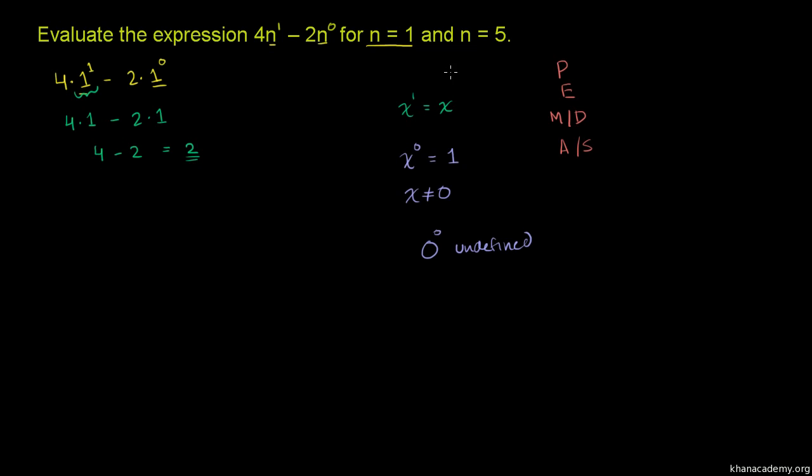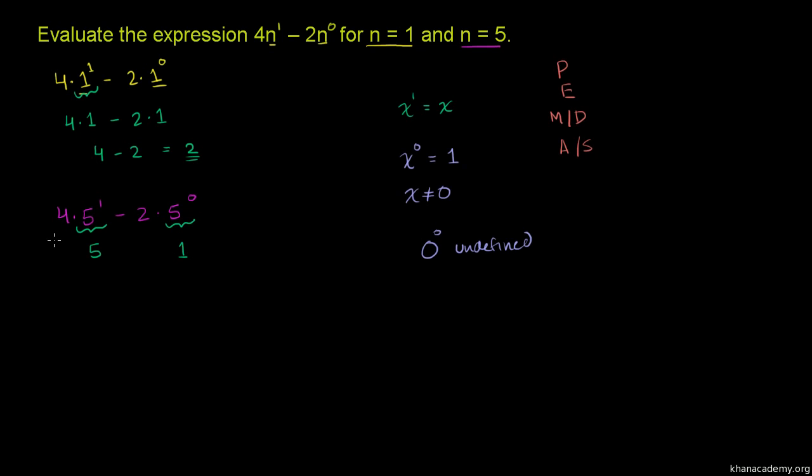Now let's do the same thing with n equals 5. So it becomes 4 times 5 to the first power minus 2 times 5 to the 0th power. Same thing. 5 to the first power is just going to be equal to 5. 5 to the 0th power is just going to be equal to 1.